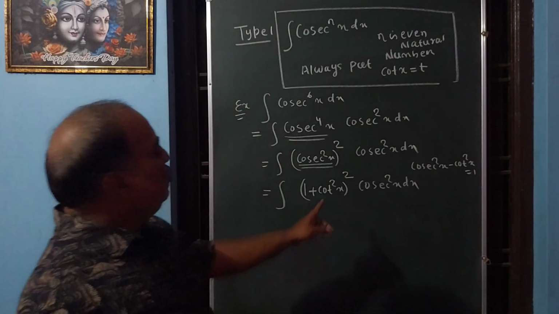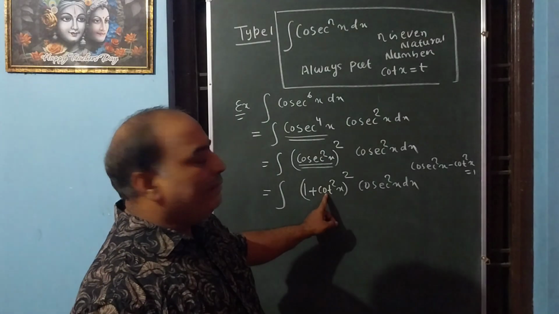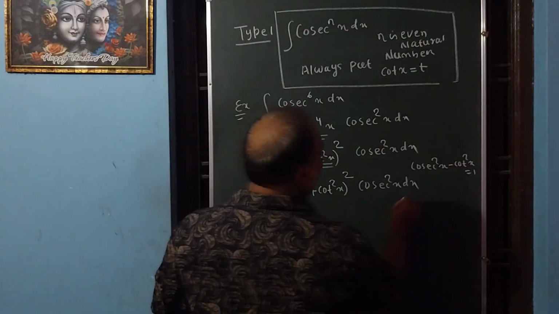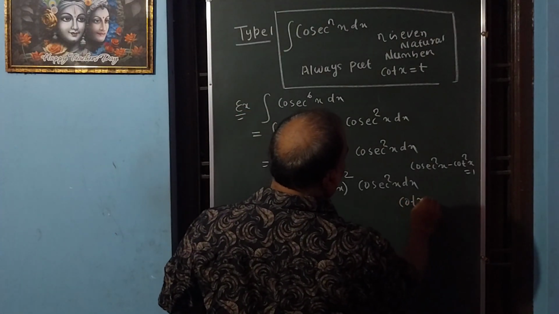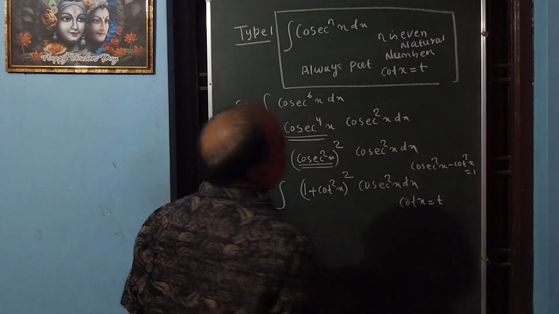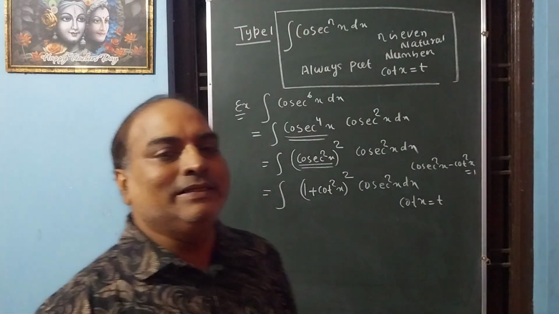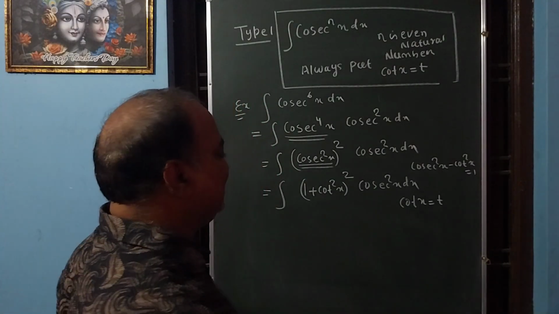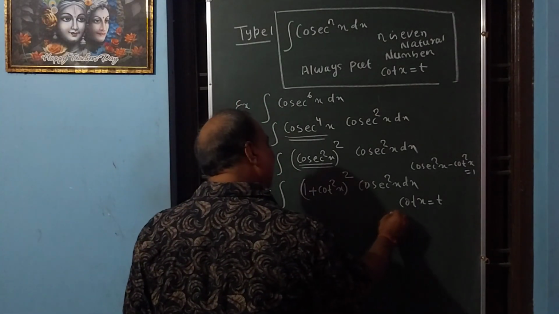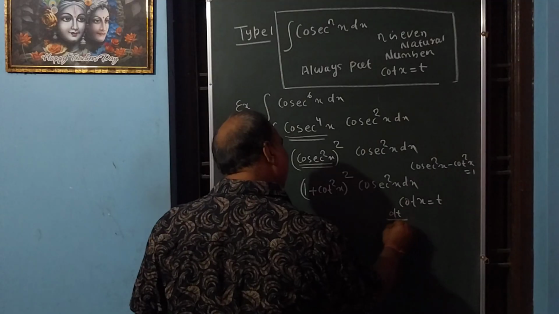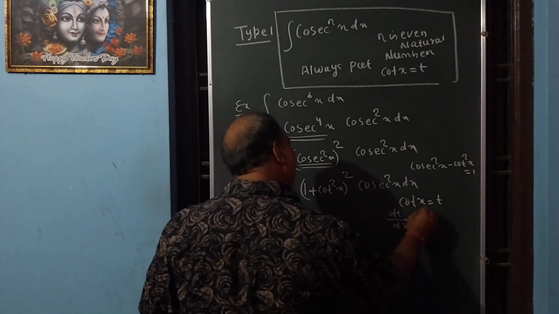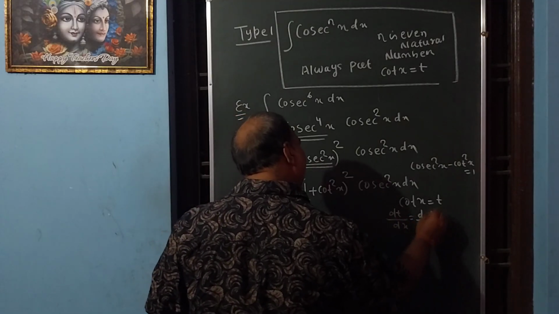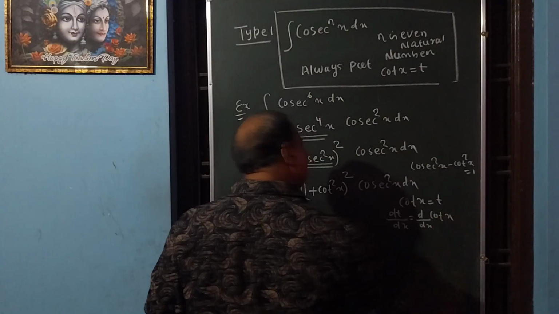Now we have to put cot x equal to t. Differentiating on both sides with respect to x, we get dt by dx is equal to d/dx of cot x.